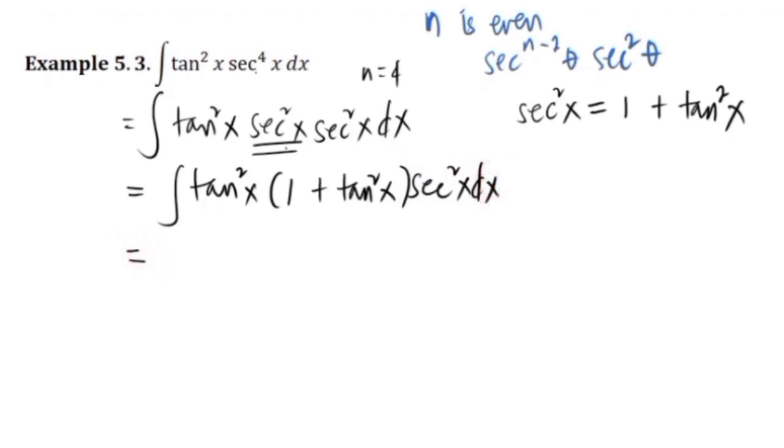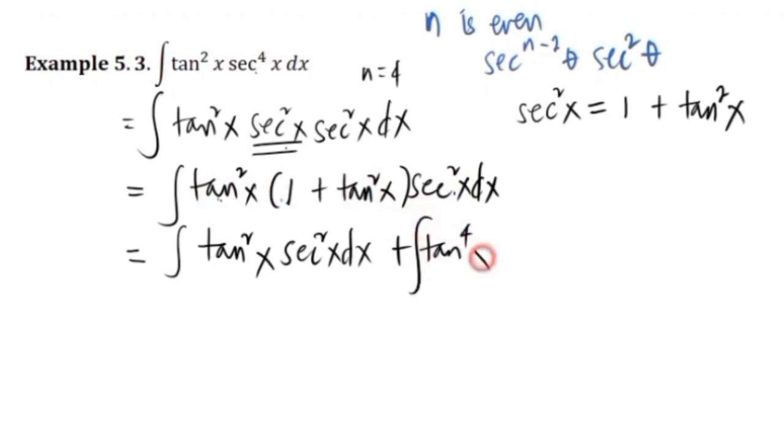Then, magkakaroon tayo ng integral of tangent square x secant square x dx plus, saan galing yun? It's tangent times 1 and secant square x dx times 1. So we have here tangent square times tangent square, that's integral of tangent to the fourth of x and multiplied by secant squared x dx.